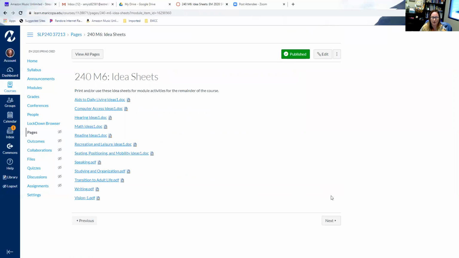And then, like I mentioned in the presentation, there's some activities that are listed in each of these areas on these resource documents. So this, I recommend that you save and keep for the future, because when you're working with a student and you need some ideas for writing, you can just open this document up and have some ideas that maybe you could utilize.